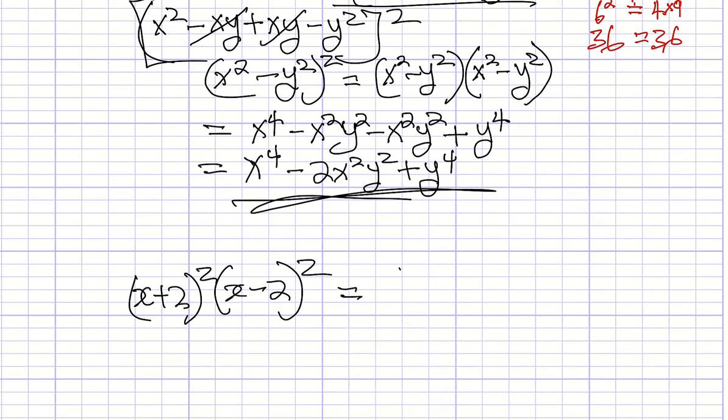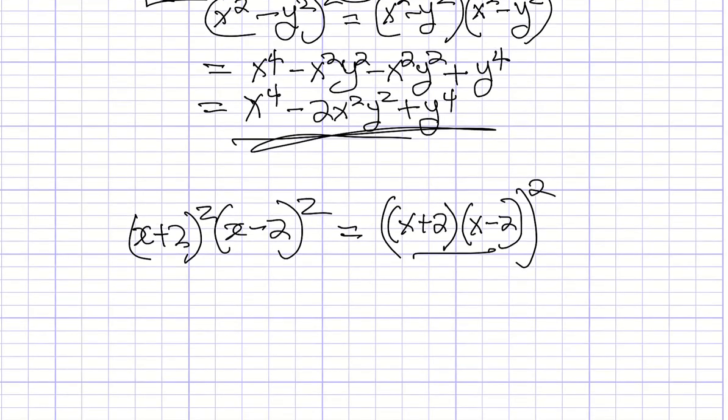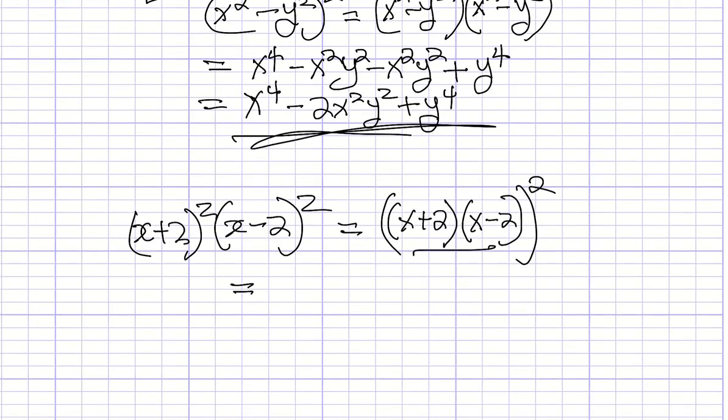We'll say x plus 2 times x minus 2. All of them, put the exponent out like that. So we'll take care of that, then put the exponent back. So we'll go x times x squared, x times minus 2, we got minus 2x, right?